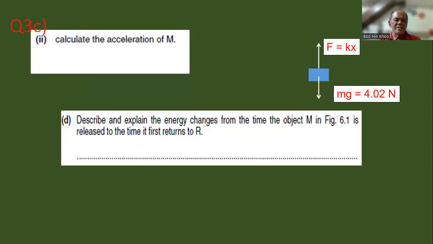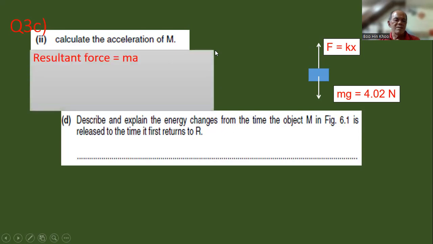Calculate the acceleration. Right? So we got the weight pulling it down, got the elastic force of the spring. The resultant force, Newton's second law, F equals ma.